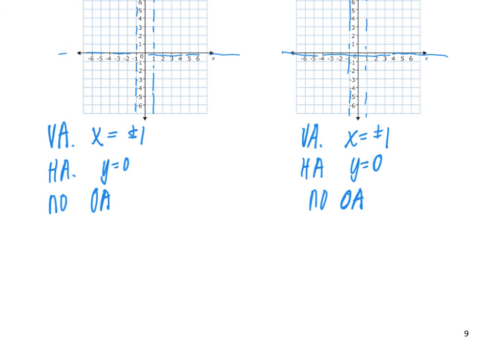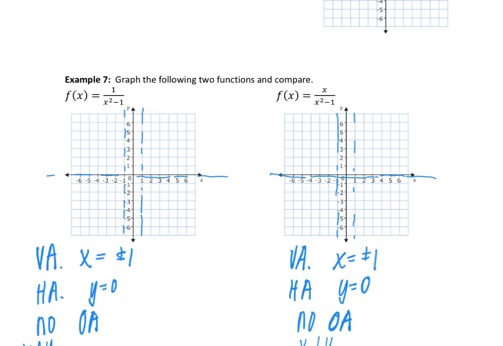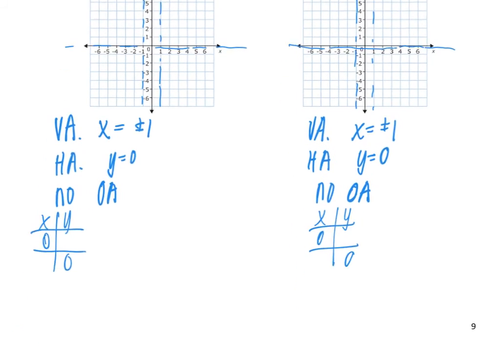From here, I want to do x-intercepts and y-intercepts. I'm just going to plug in 0 for x and 0 for y. Okay, and so if I plug in 0 for x into the function on the left, I get 0 squared, and then I get just 1 over -1, so that's going to be -1.